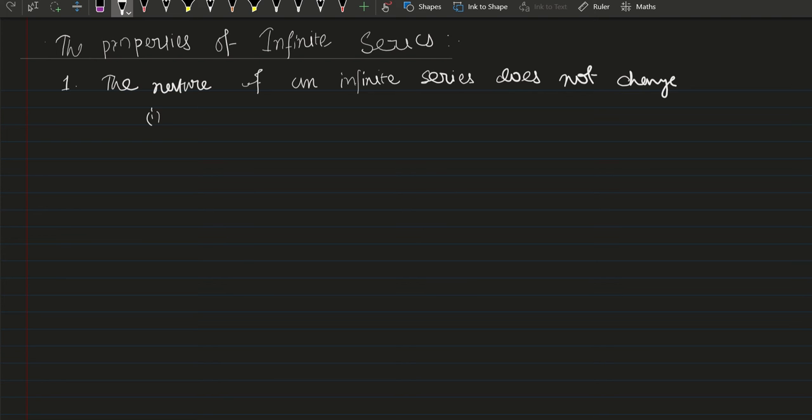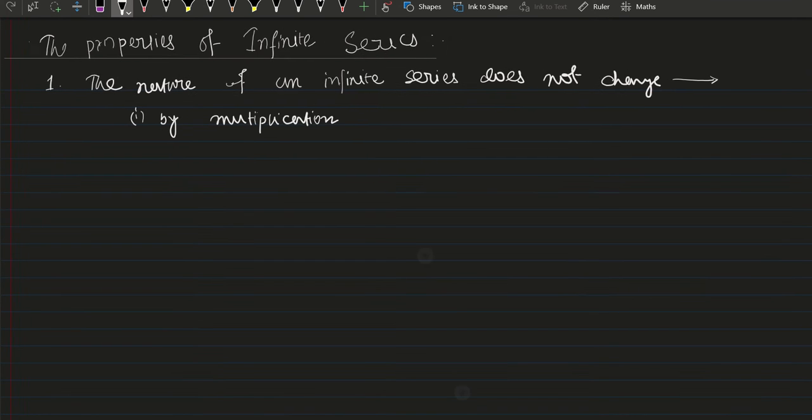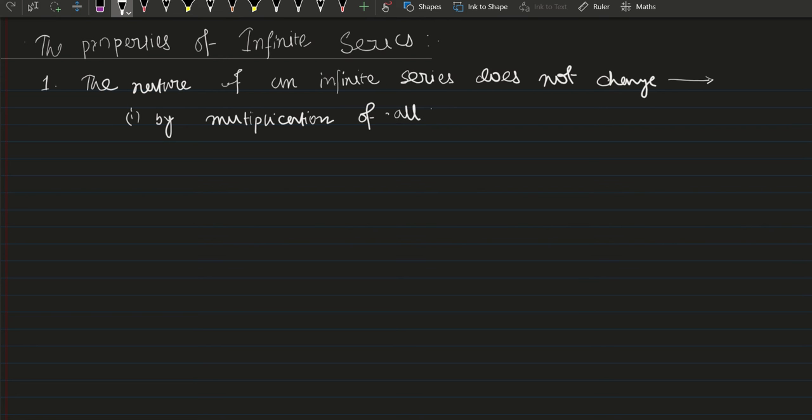It means the nature does not change by multiplication of all the terms by a constant k.